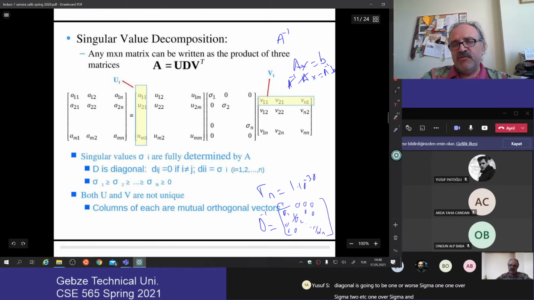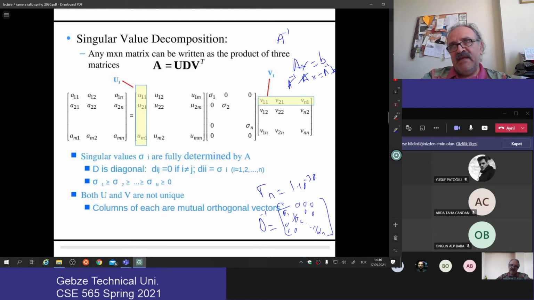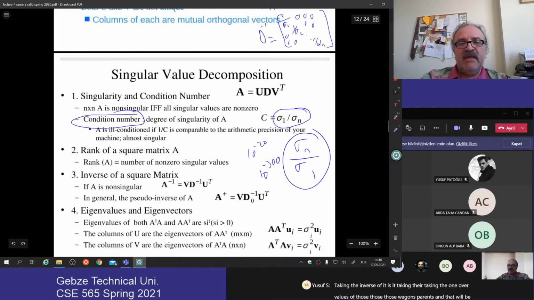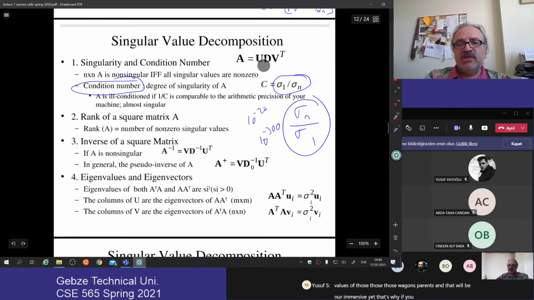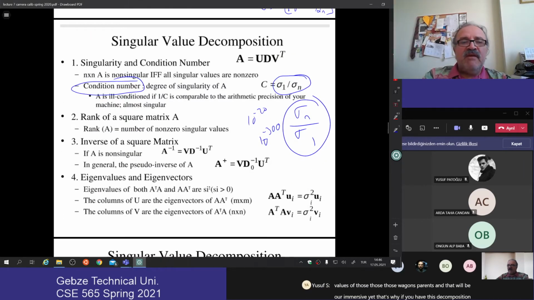So that's the inverse of D. If you have a diagonal matrix, taking the inverse of it is taking 1 over the values of those diagonals, and that will be your inverse.